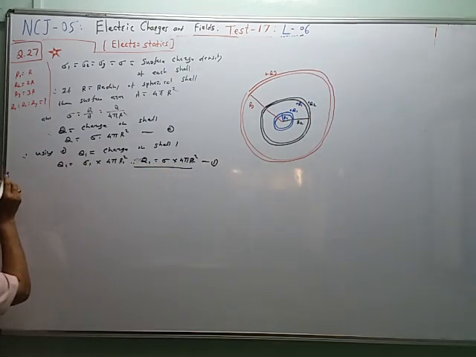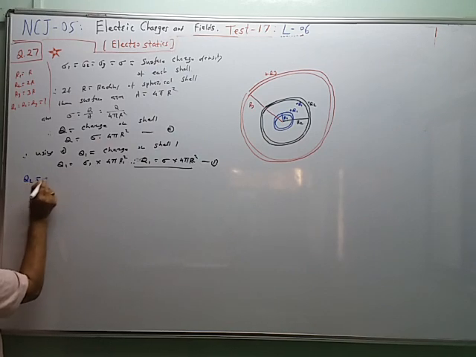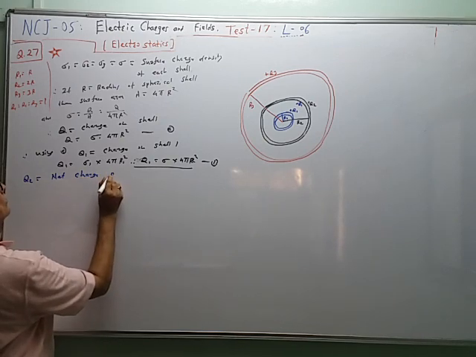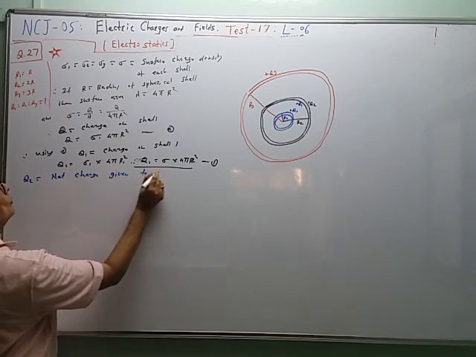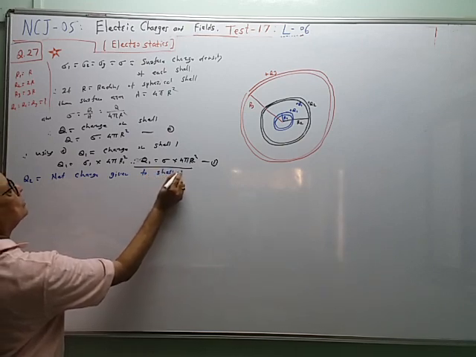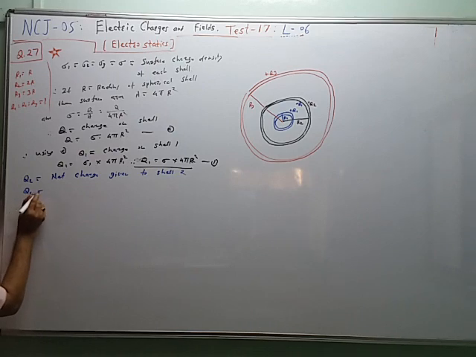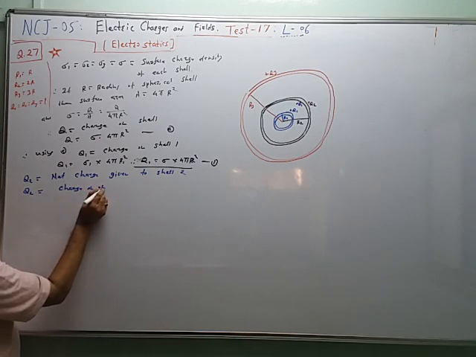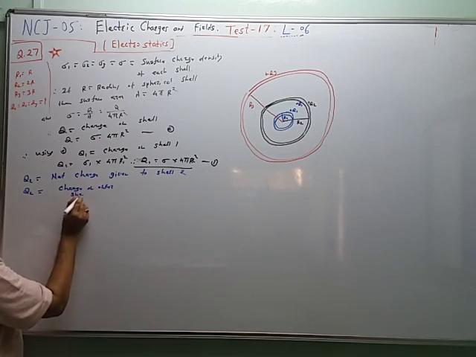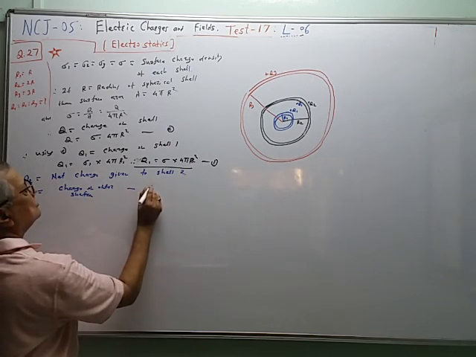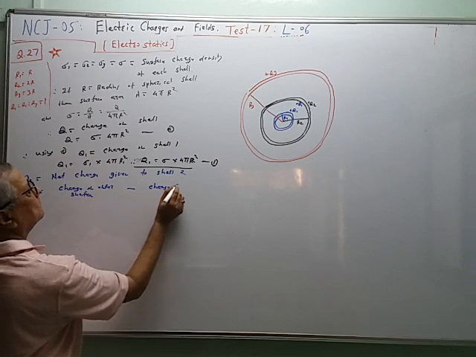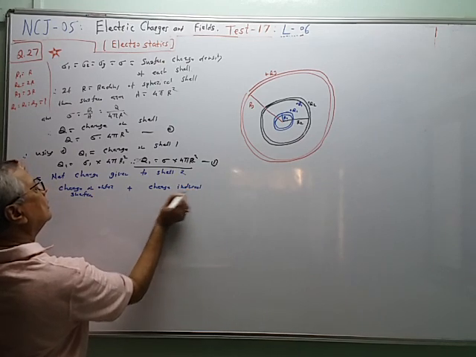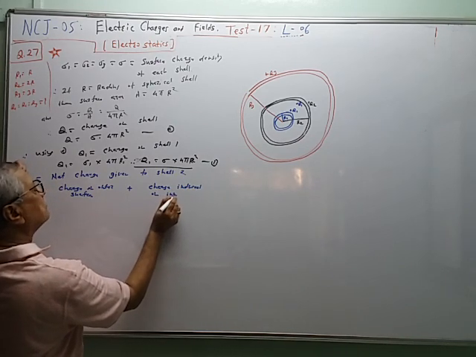So Q2 is the net charge given to shell 2, and therefore Q2 is equal to the charge on the outer surface plus the charge induced on the inner surface.